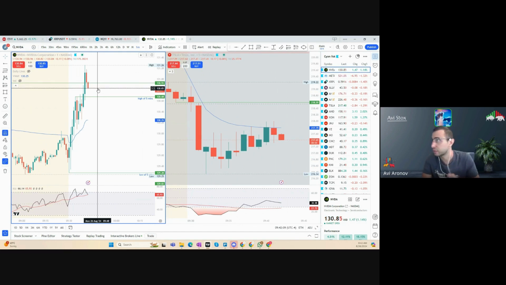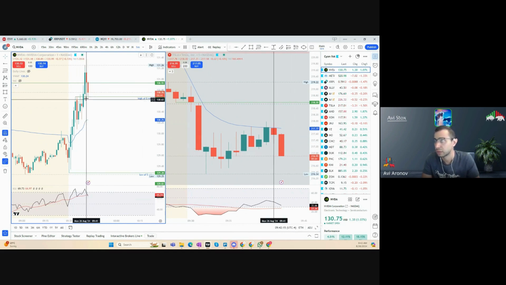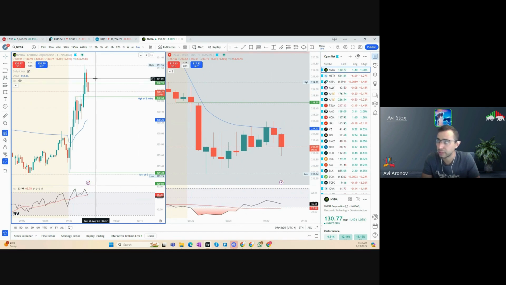I don't know if it's going lower, but in my opinion it should go higher, because on the retest it closed right above by a bit, okay? That's the factor. But it's retesting the 5 minutes again. See?